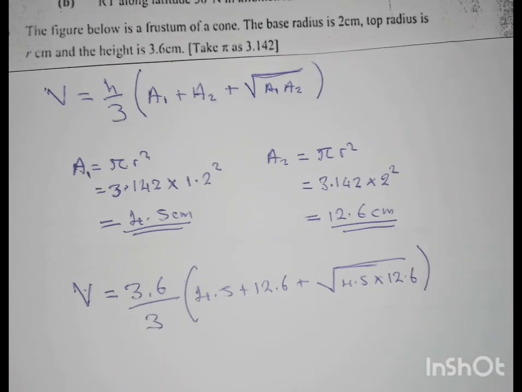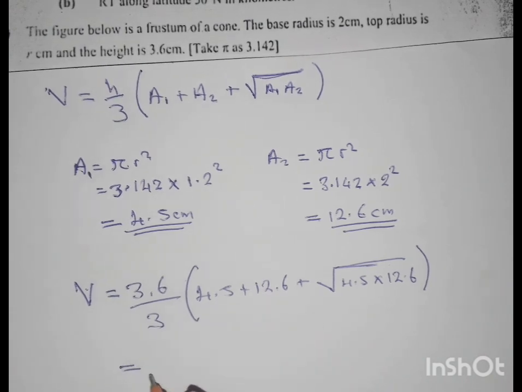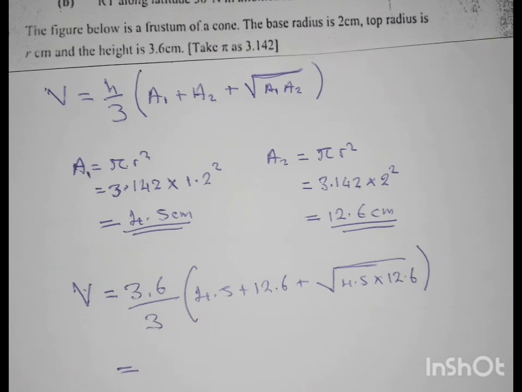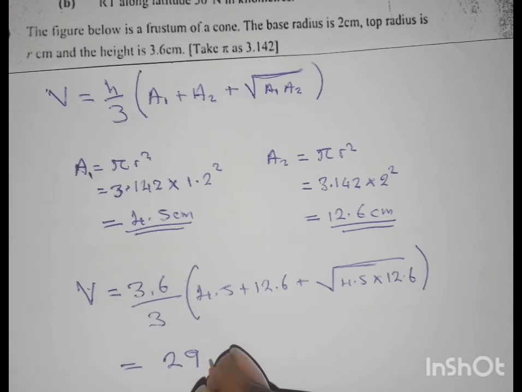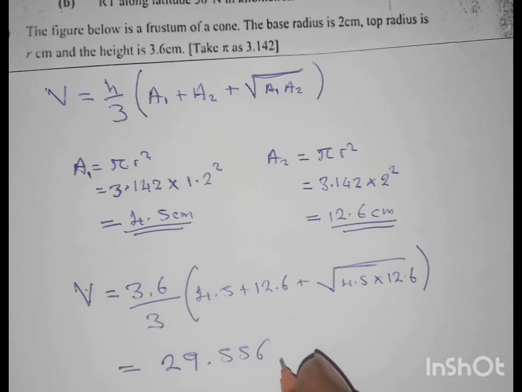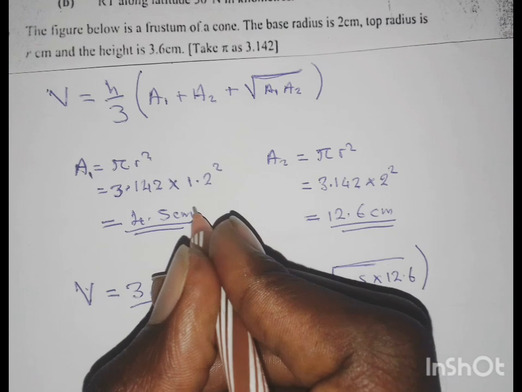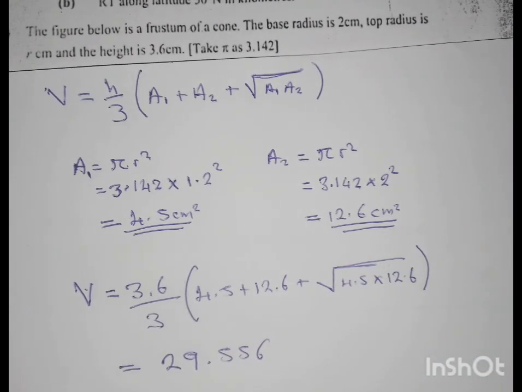Now you can do your calculation all at once. If you use a calculator, you are going to get an answer of 29.556 to 3 decimal places. If we bring it to 1 decimal place, you say 29.6 cubic centimeters.